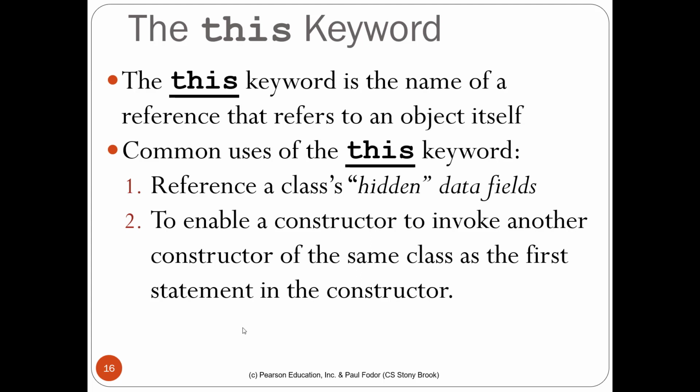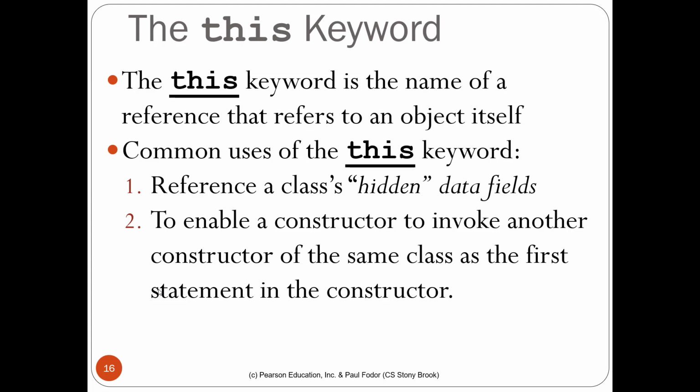Let me see if I can explain a few things from my lecture slides before I go to the demo. Sometimes you want to refer to the object that is invoking the class members.